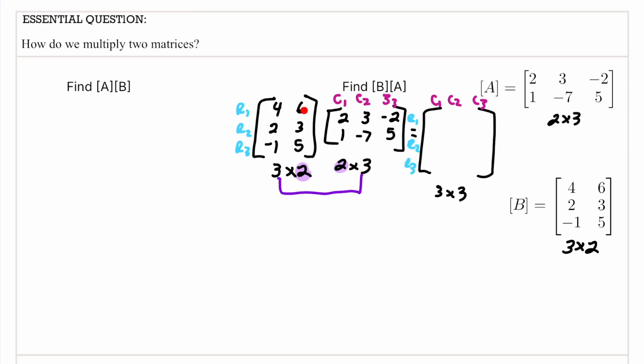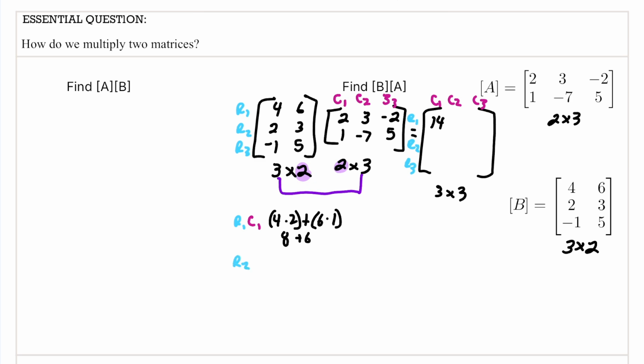And we're going to go 4 times 2, 6 times 1. So row 1, column 1, 4 times 2, plus 6 times 1 gives us 8 plus 6, which is 14.